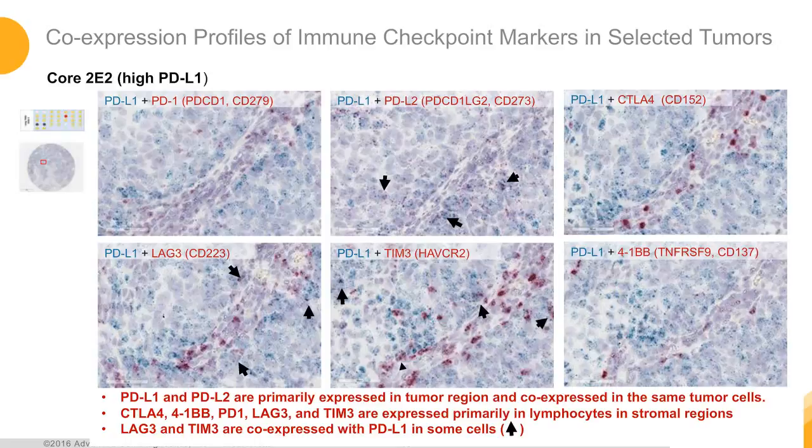We find that PD-L1 and PD-L2 are both expressed in tumor and stromal regions and co-expressed in the same cells, which are indicated by the black arrows. CTLA4, 4-1BB, PD-1, LAG3, and TIM3 were expressed primarily in stromal regions. And lastly, LAG3 and TIM3 are co-expressed with PD-L1 in various cells.